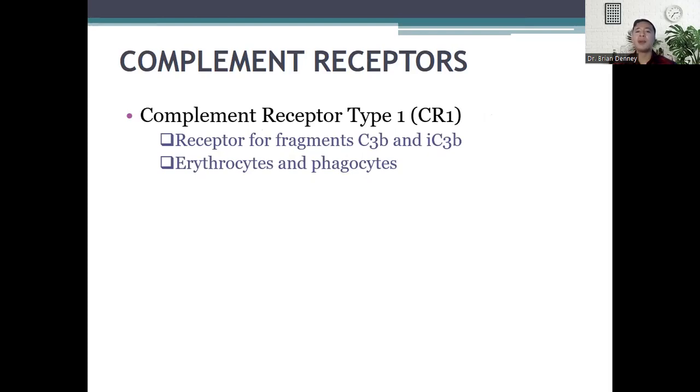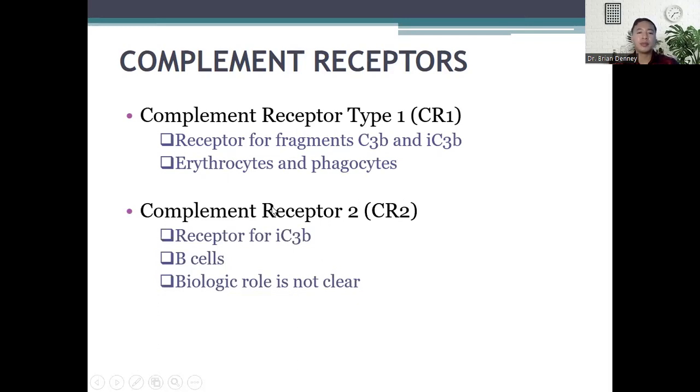So remember, I mentioned to you that once your C is followed by R, that means that is a receptor. That protein is a receptor, and the function of that protein is where your complement proteins bind to. So your CR1 or receptor type 1 is the receptor for C3b and iC3b, whereas your CR2 or receptor type 2 is the receptor for iC3b, and these are actually found in B cells.